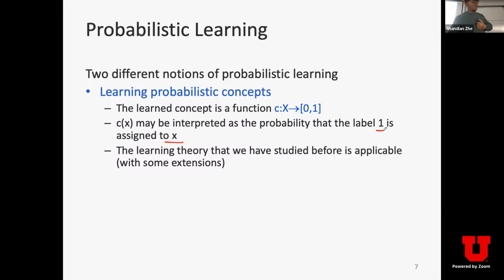But now what if we want our prediction to reflect some kind of uncertainty or confidence? For example, suppose I want to predict whether the NASDAQ index is going to increase or not today.